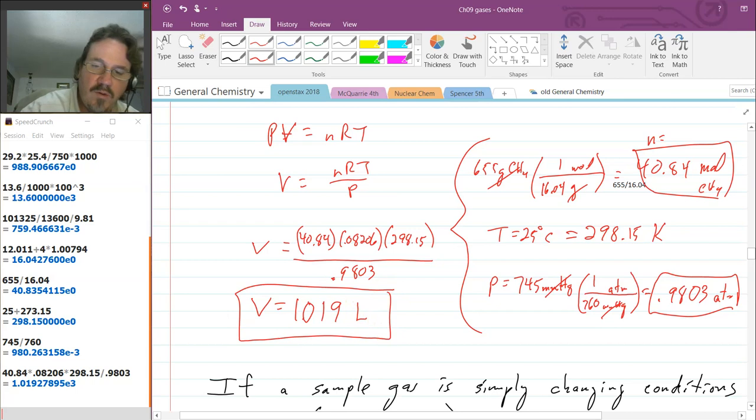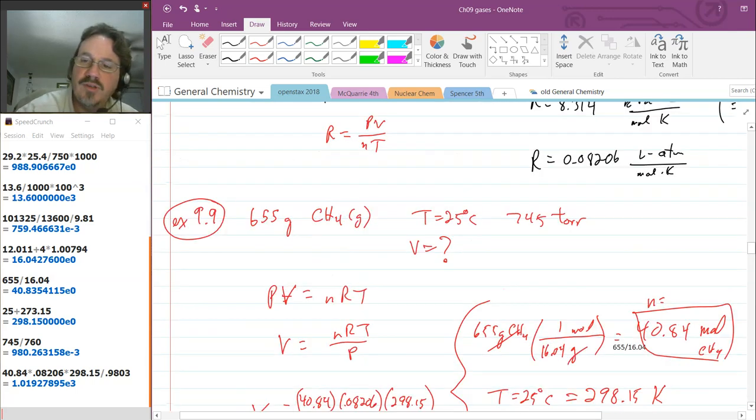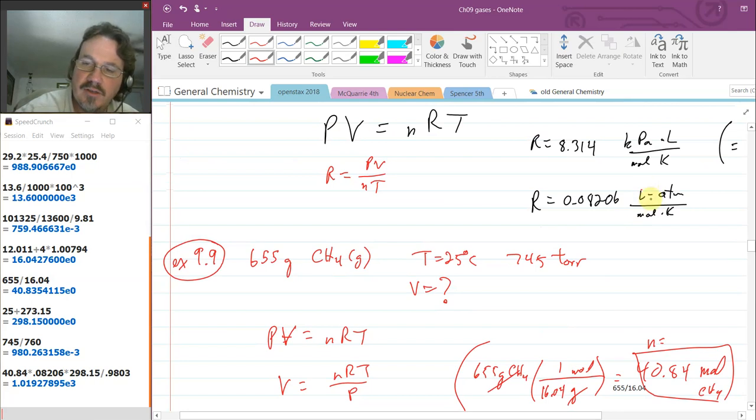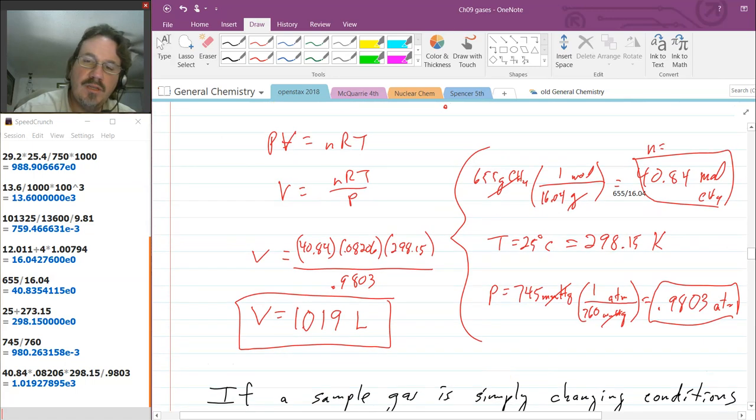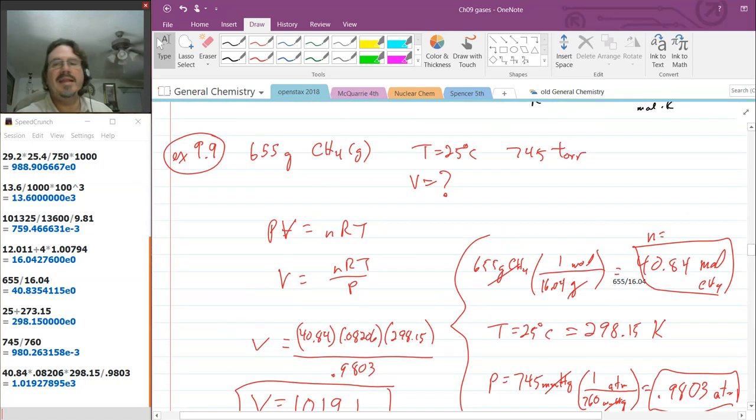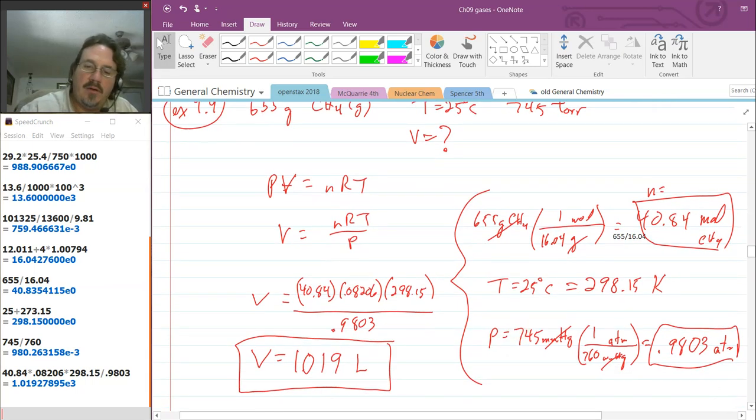Again, I know liters because I used the value for R, 0.08206, which had liters as its unit of volume. So to get the same amount of energy as 1 gallon of gasoline, I would need to carry around 1,000 liters of methane.